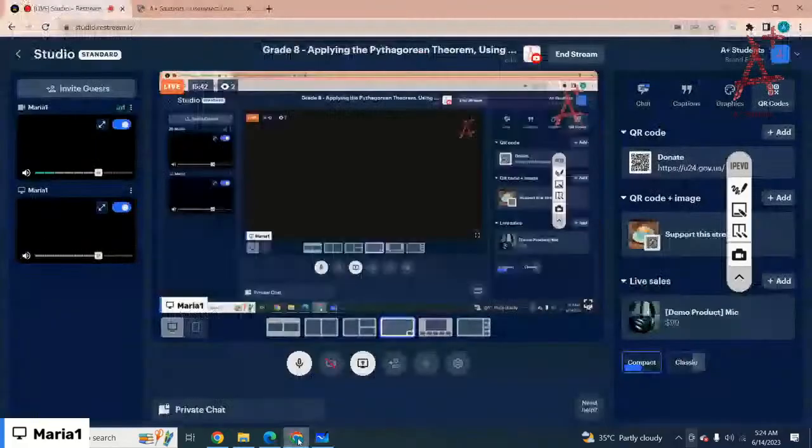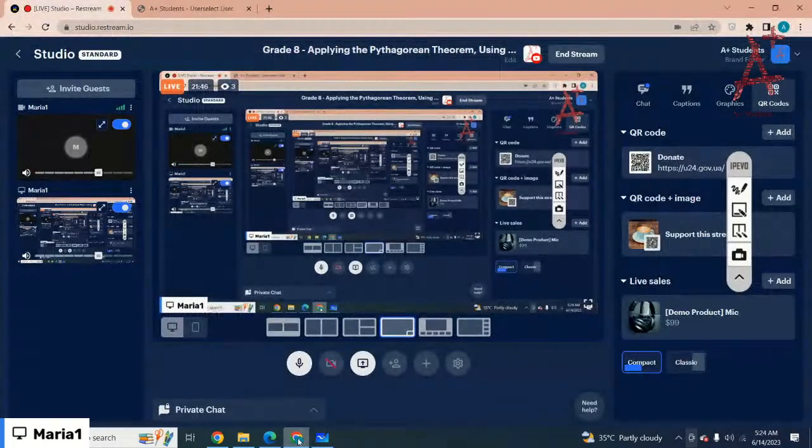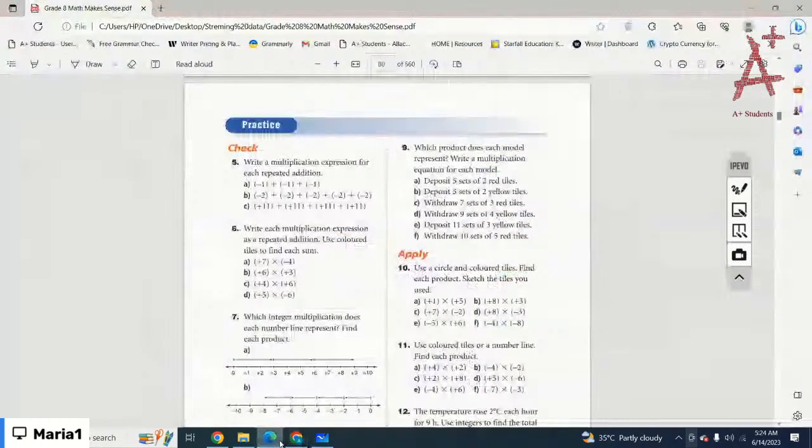Okay, the next one, just look at question 6. Each multiplication expression is a repeated addition. Now you have to do the opposite. You are given the multiplication, and you have to write it in the form of repeated addition. Just look at the first one.